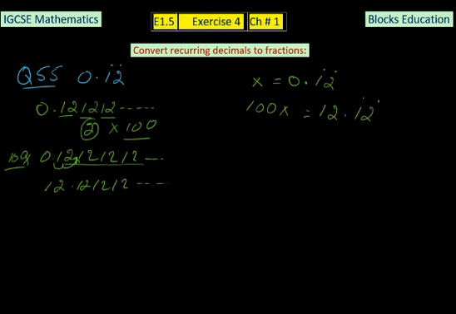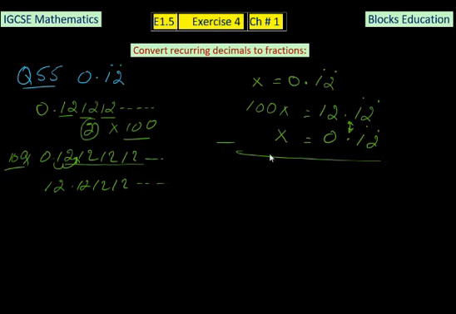In the same way, you have to subtract it, x equals 0.12. As we have already discussed, to subtract or add two decimal numbers, the decimal part should be on top of each other, like this. Now you have to subtract these two, left from the left side, right from the right side.